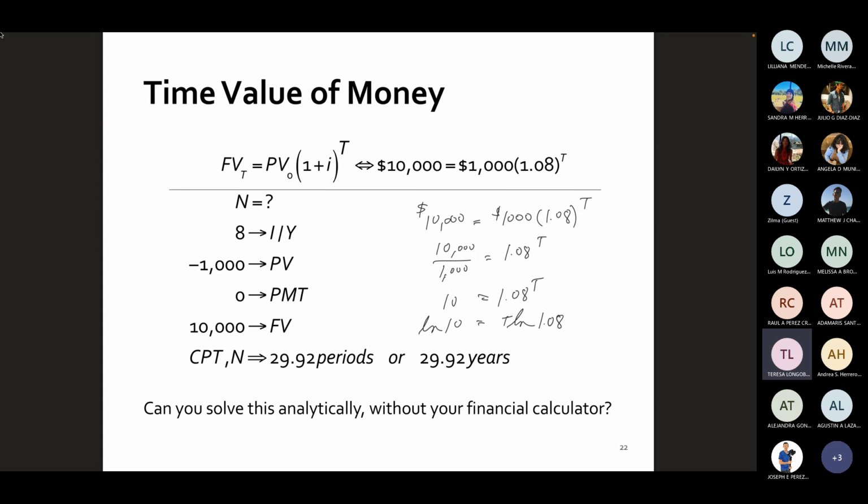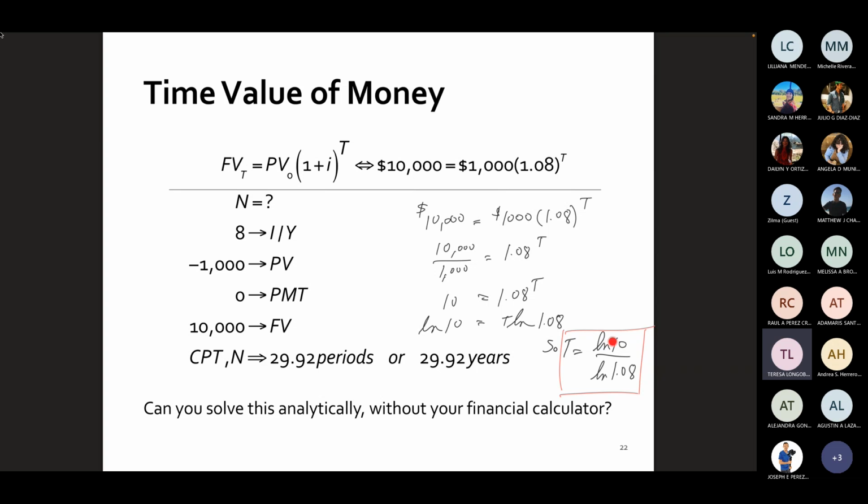And then, so t is equal to ln 10 divided by ln 1.08. So another reason why you want to learn how to use your finance calculator, but you should be able to do both, okay? For this class, you should be able to solve problems analytically and using your finance keys.